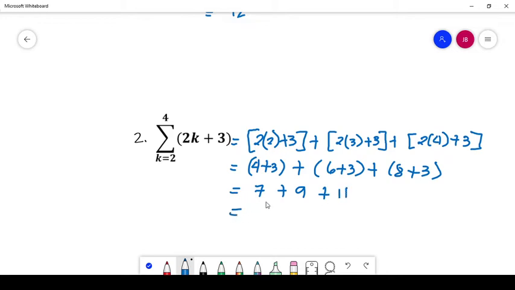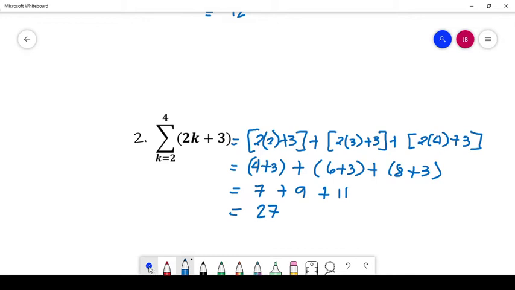And then get the sum, 7 plus 9 plus 11, and that is 27. Now, the summation of the quantity of 2k plus 3 from k equals 2 to 4 is 27. Okay, observe this series that we have, 7 plus 9 plus 11. It is also an arithmetic series because we have the common difference, and that is 2.